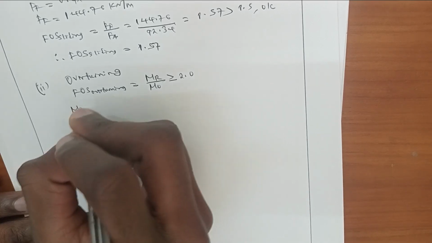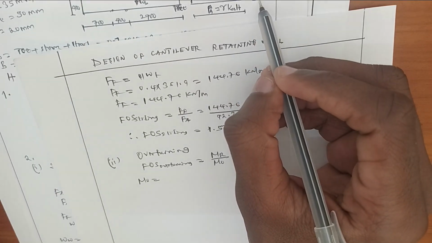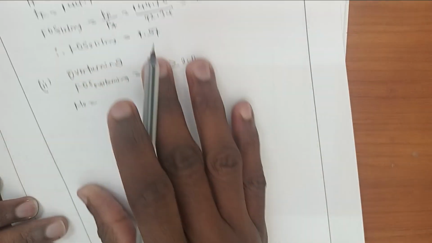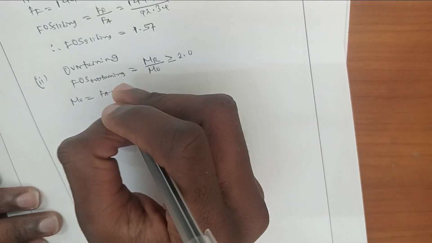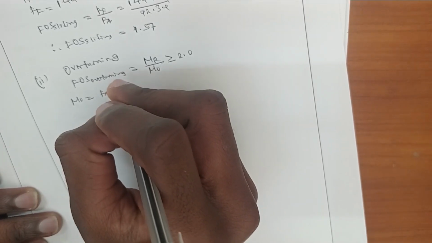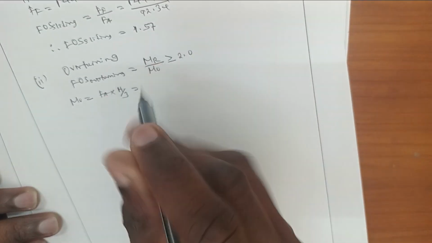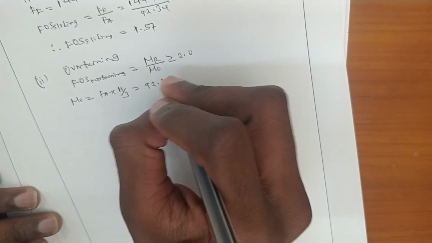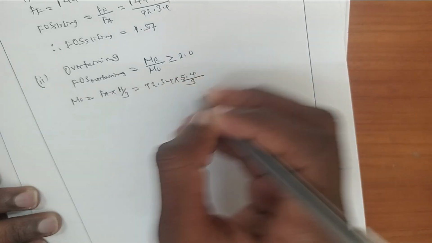The overturning moment is obtained by taking the horizontal force due to the earth pressure times its perpendicular distance, which is h over 3. The horizontal force due to the earth pressure is 92.34 times h, which is 5.4, divided by 3.